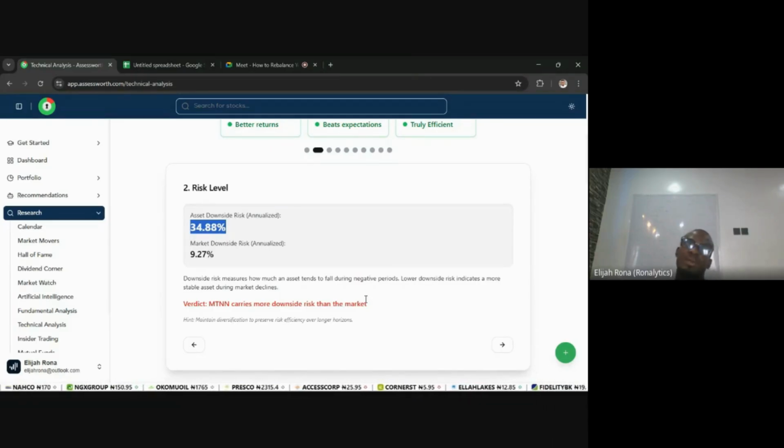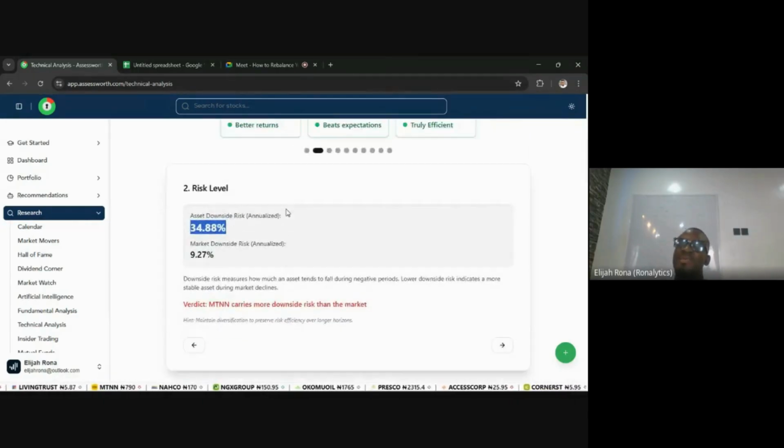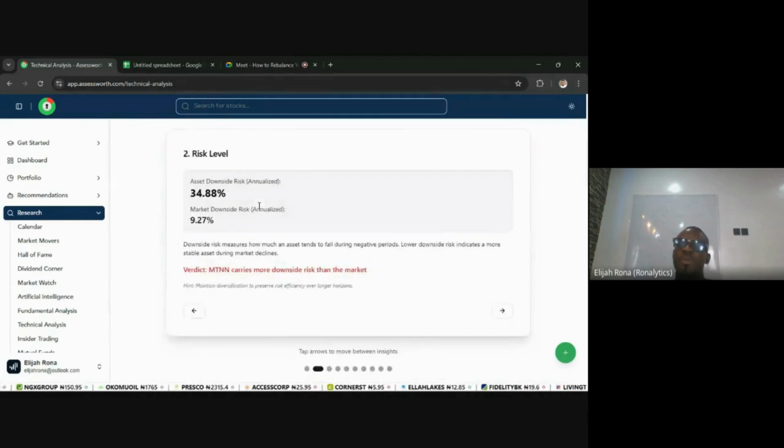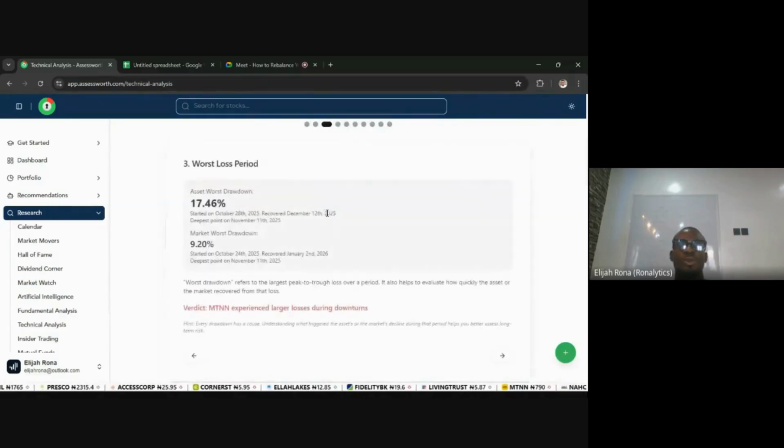If I invested 100,000, for example, will I be able to sleep well at night when my portfolio is now showing around 66,000 naira? If the answer is no, then MTN should not have a very significant allocation in my portfolio. The assets that should have a very significant allocation in my portfolio should be the assets with less downside risk.